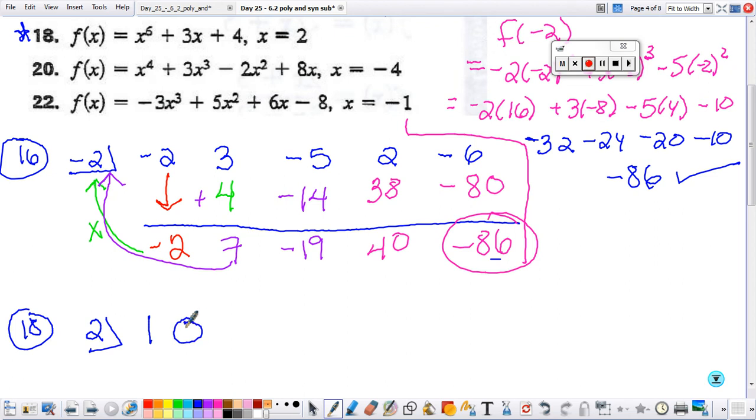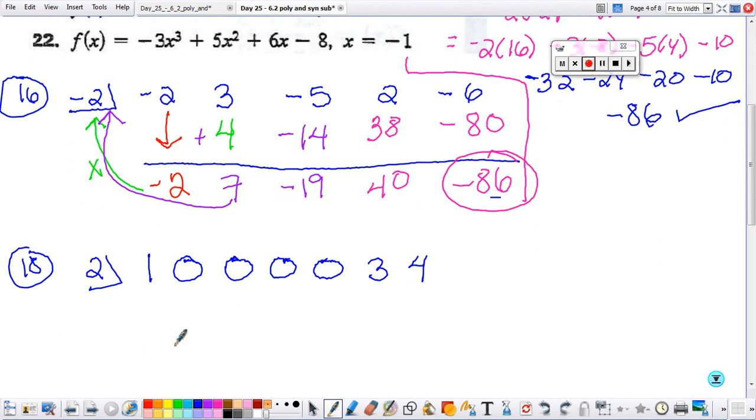There's no x to the 5th, x to the 4th, x to the 3rd, x squared, x, and then 4. So you have to hold the spot of all these missing x to the whatever exponent so that we have it completely in standard form before we do synthetic substitution.